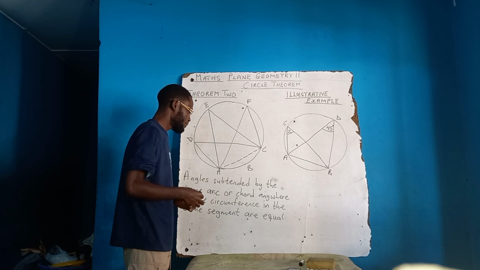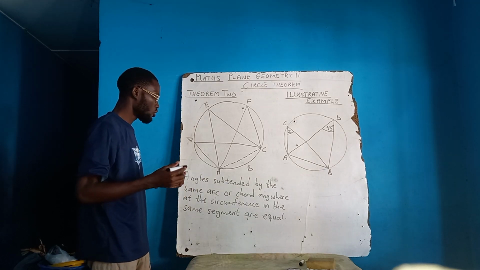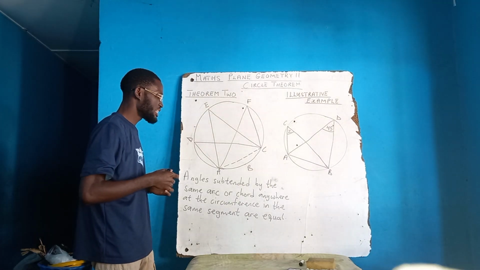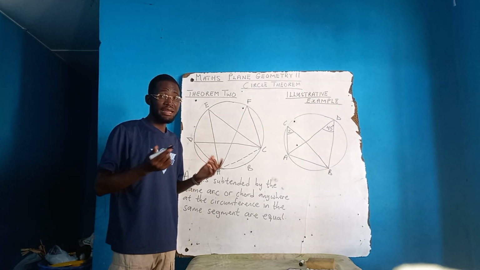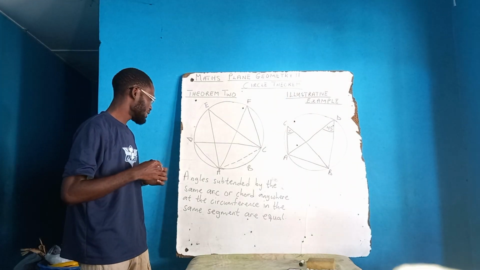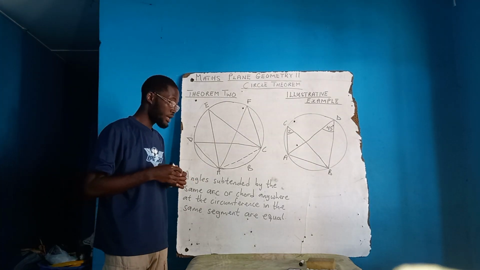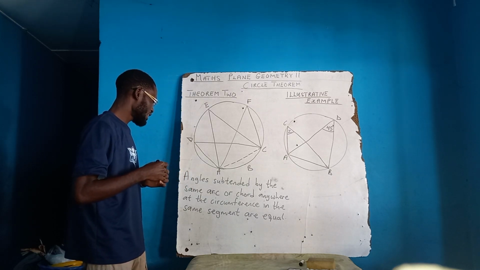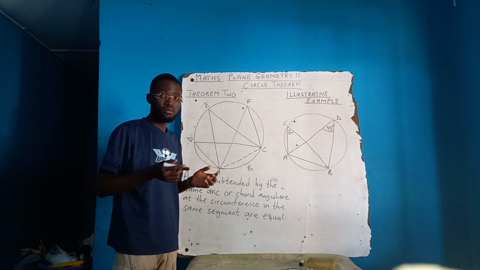Angles subtended by the same arc or chord anywhere at the circumference in the same segment are equal. And I quote once more: angles subtended by the same arc or chord anywhere at the circumference in the same segment are equal.